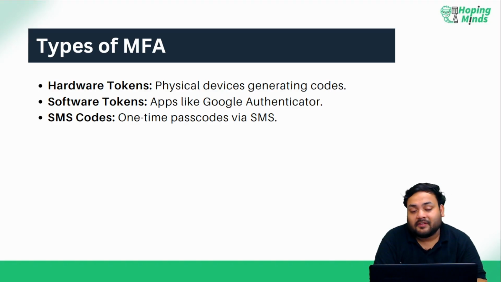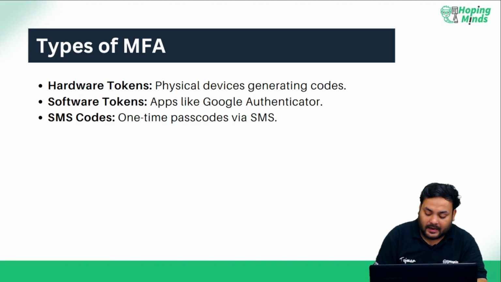We have a very interesting tool known as Google Authenticator. We download this Google Authenticator app from the Android store or the iOS store, and whenever we try to log into our AWS account, we will have a code in this tool.